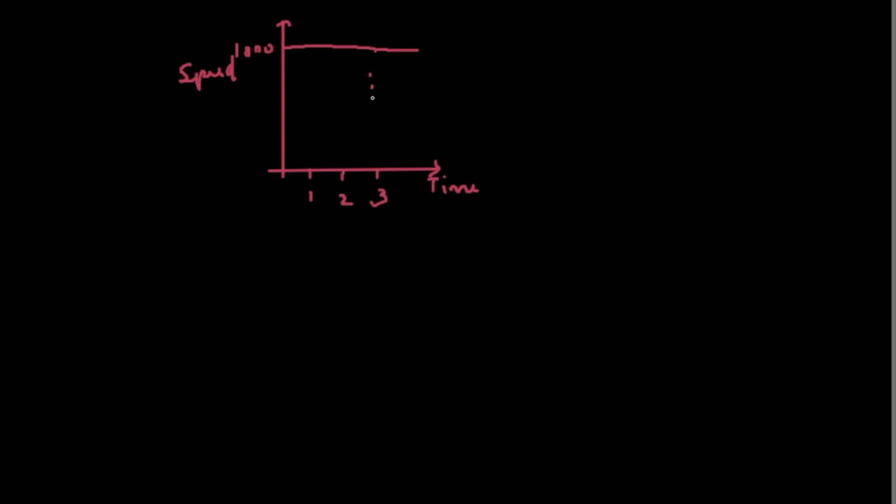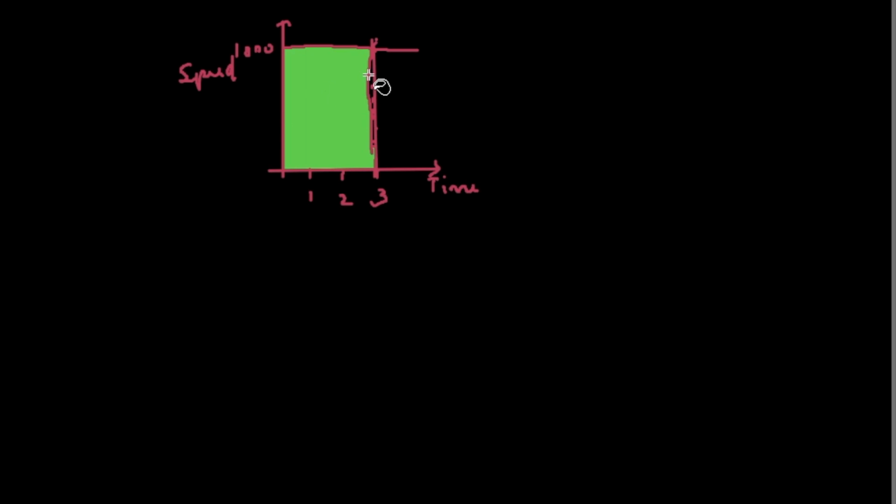The distance traveled will be the multiplication of the line here till this point and this line right here, which meets at 3. So the area in this graph, the green portion, will be the distance traveled by the plane in the 3-hour interval, because the speed of the plane is constant.